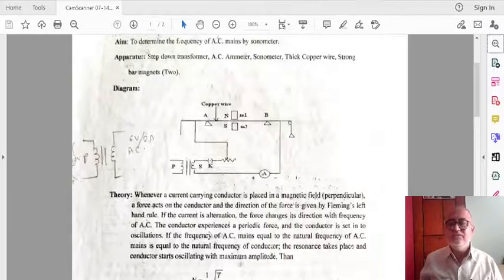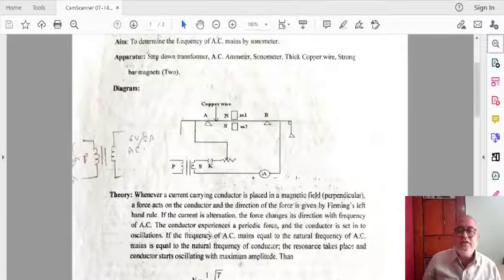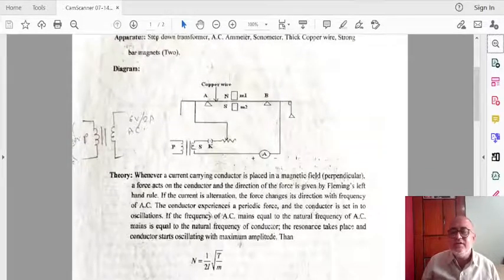You have already learned this Fleming's left hand rule in previous classes. If the current is alternating, the force changes its direction with the frequency of AC. The conductor experiences a periodic force, and the conductor is set into oscillations.